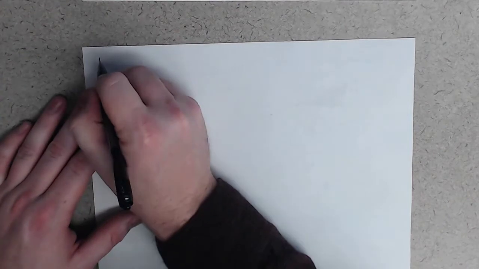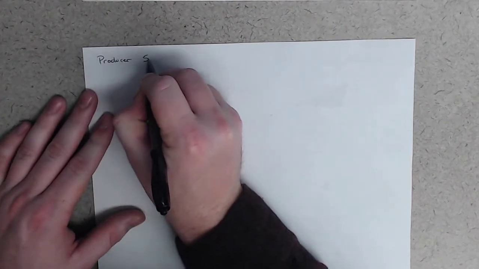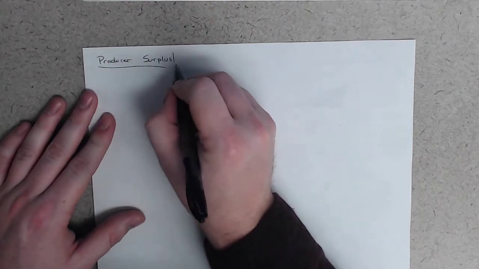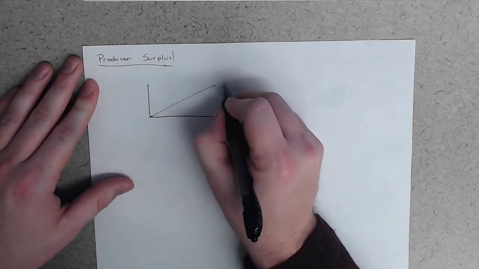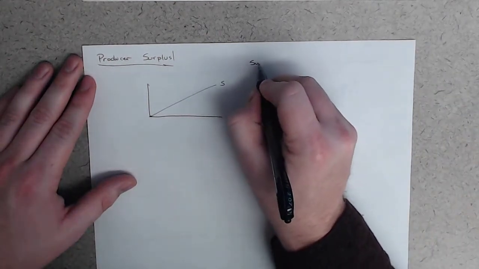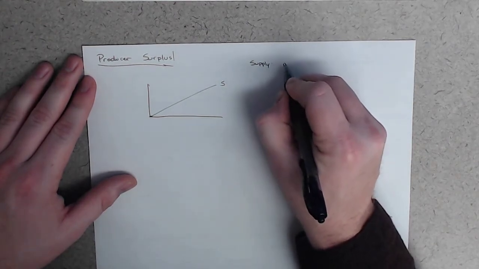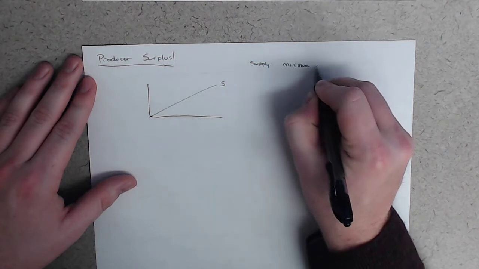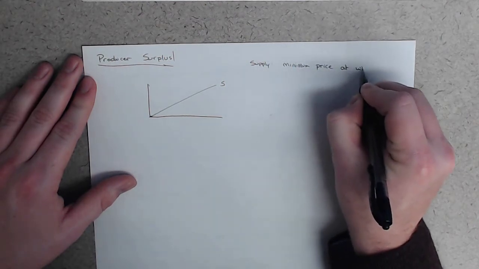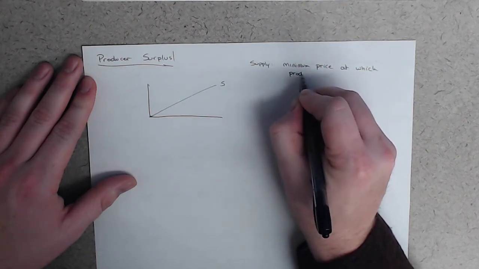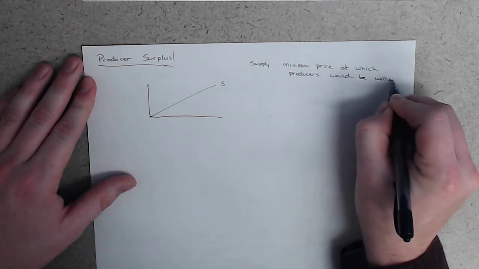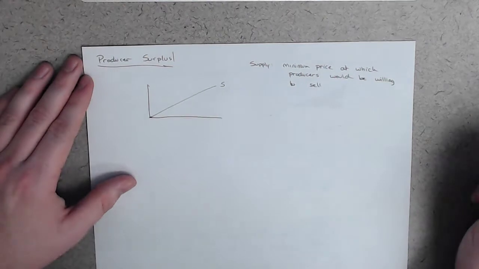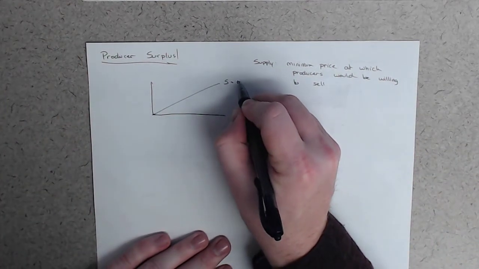Producer surplus is very similar. If we think about what the supply curve is, the supply curve represents the minimum price at which producers would be willing to sell, because, as we remember, the supply curve is the marginal cost curve.